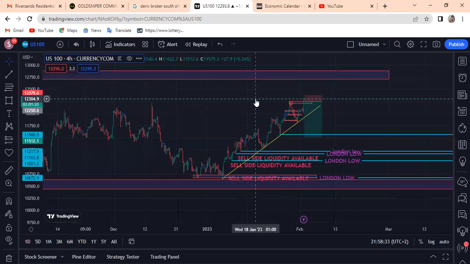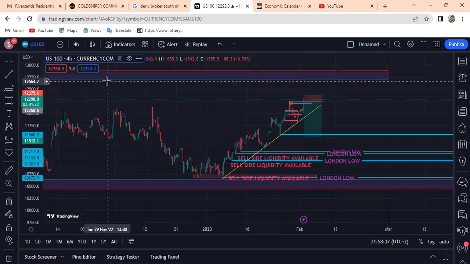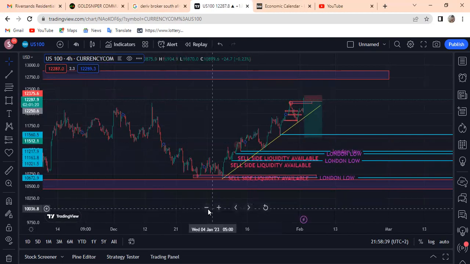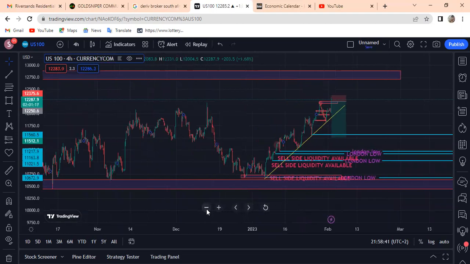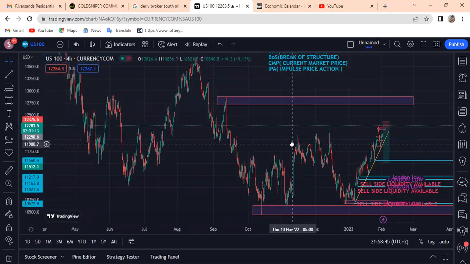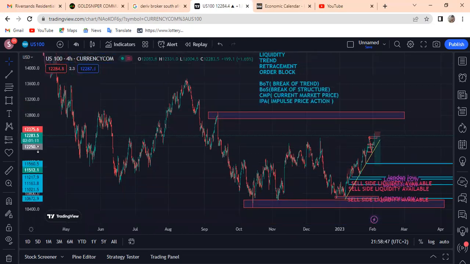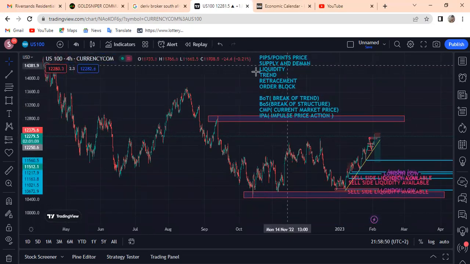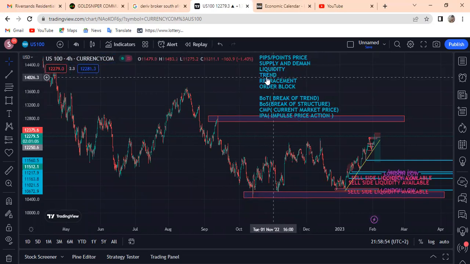we need to identify where the liquidity is and where the liquidity is coming in from. Liquidity, you know what liquidity is. Liquidity is just funds. It's just floating funds that are available for anybody. Once you see where the liquidity is, you're going to start identifying the liquidity by the trend.